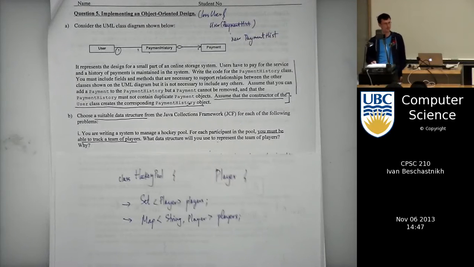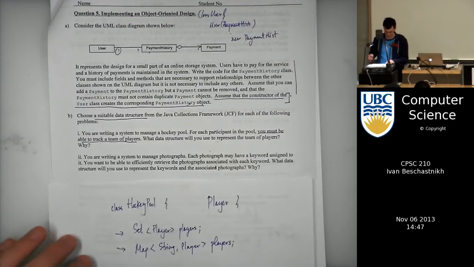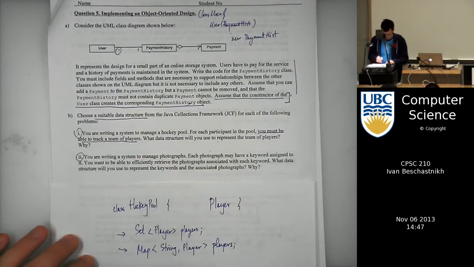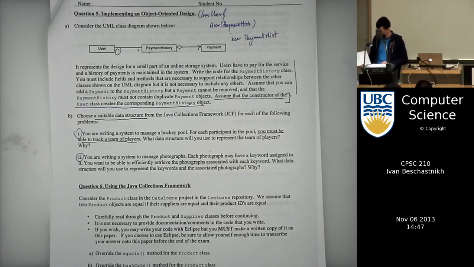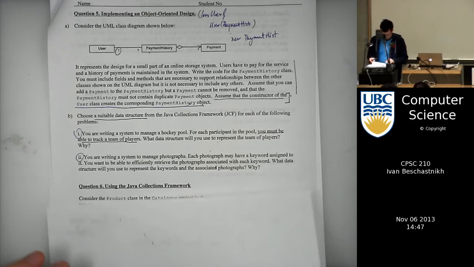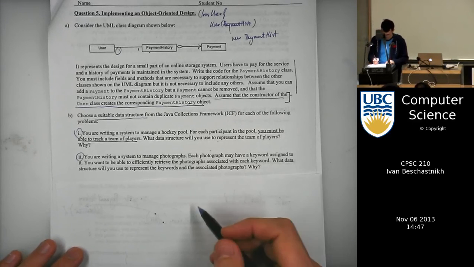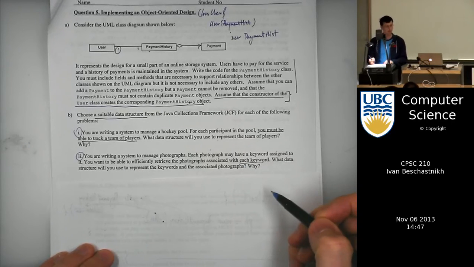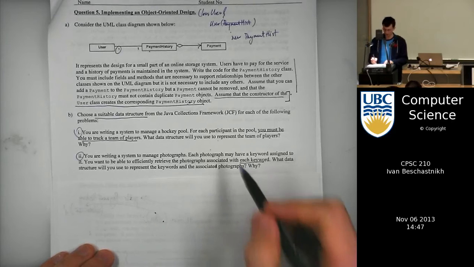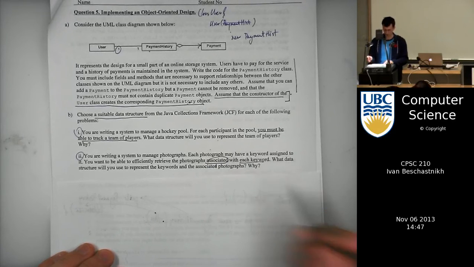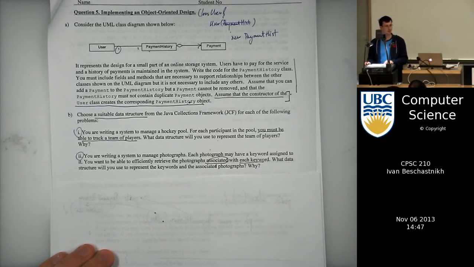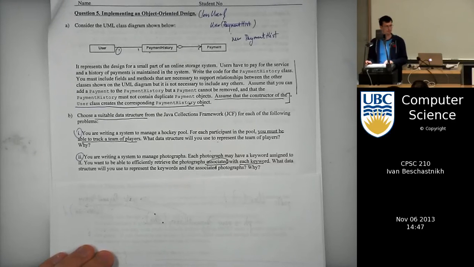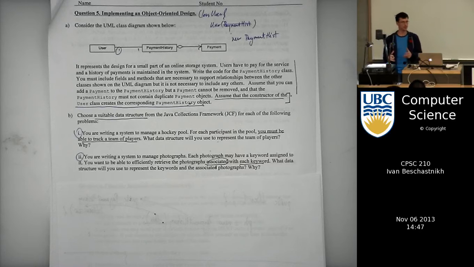All right, should I do B in this one? Okay, so 2. You're writing a system to manage photographs. Each photograph may have keywords assigned to it. You may want to be able to efficiently retrieve the photographs associated with each keyword. Whenever you see this phrase, associated with each keyword, you should immediately think about a map. It's an association. I want to associate something with something else.